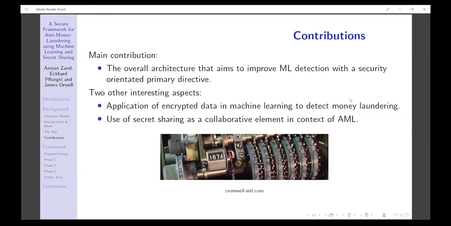There's the application of encrypted data in machine learning to detect money laundering, and the use of secret sharing as a collaborative element in the context of anti-money laundering. So as you can see, we're quite focused on the use of cryptography in this anti-money laundering framework. And that is to say that in the literature review, there hasn't been any big focus on that.